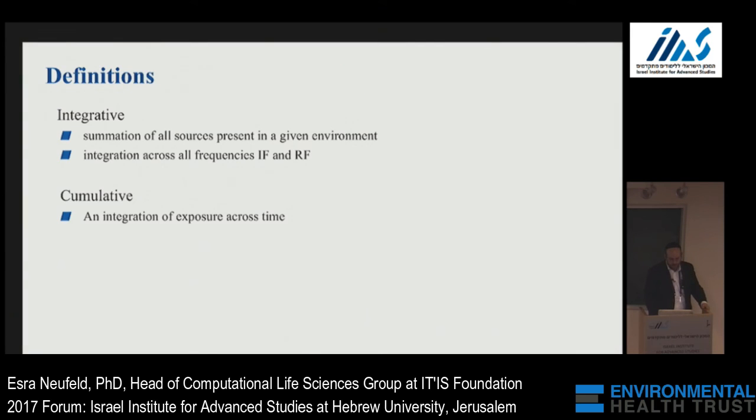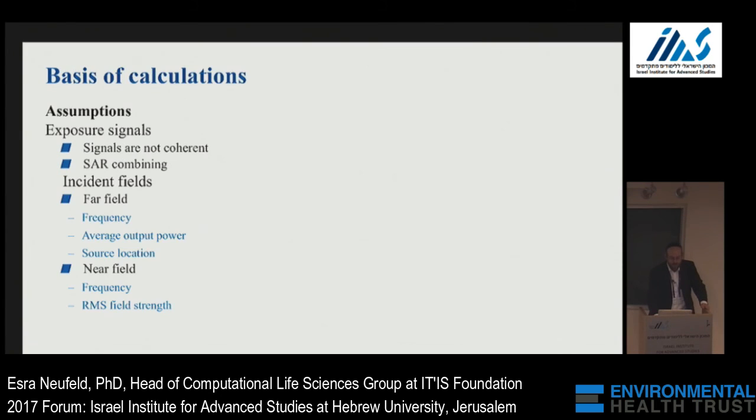I think I've said most of the rest here. Then, when you have this type of simultaneous exposure to different frequencies, with regard to thermal effects, what you do is you just sum the energy up. With regard to other effects, that's not a good idea. People sum what is at the same time over the frequency spectrum, that is called integrative, and over time that's called cumulative exposure.